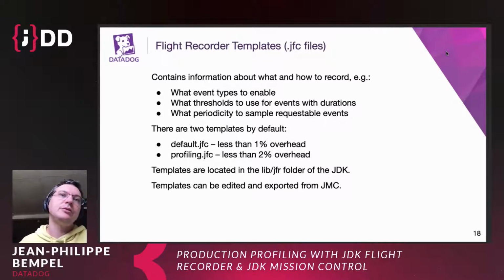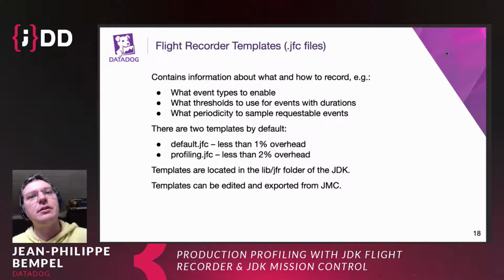JFR is able to use template files for configuring events. Those templates contain information about what and how to record events: what event types to enable, what threshold you use for events with duration, and what periodicity to sample requestable events. Inside the JDK packaging, two JFR template files are provided.